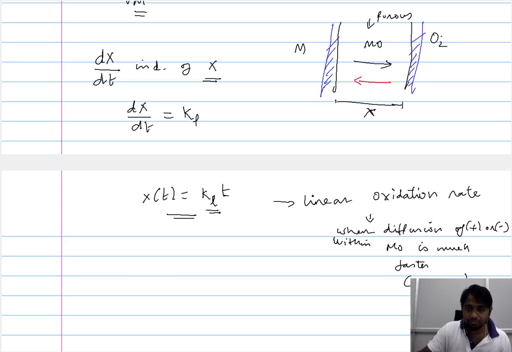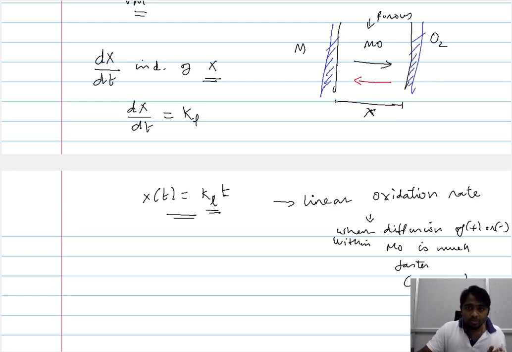If you don't have a sufficient amount of oxygen present at the external interface, you wouldn't have the essential conditions that need to be fulfilled for the formation of metal oxide. So even though the diffusion within the metal oxide layer does not govern this particular oxidation, it is important that the oxygen present here is sufficient for the formation of new layers of metal oxide, or in the other case, that the metal ions in this layer are sufficient for the formation of metal oxide.